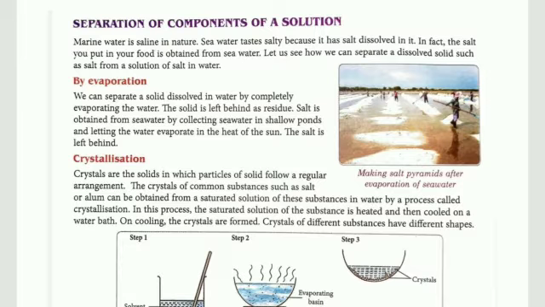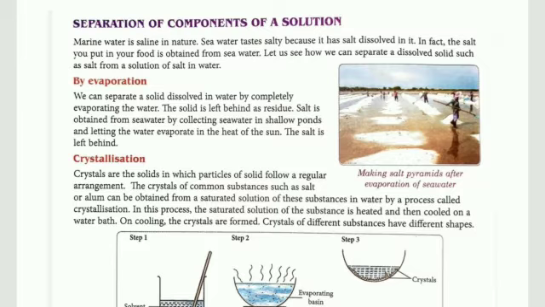In this process, a saturated solution of a substance is heated and then cooled on a water bath. We heat at a maximum temperature and then dissolve all the solutes. But what happens when it is cooled?